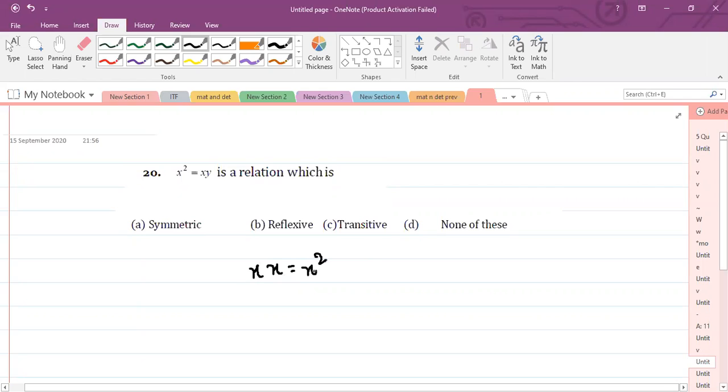So here I will explain after getting this as reflexive. Definitely you can say option B, but while explaining it to you, I will consider this problem in detail.